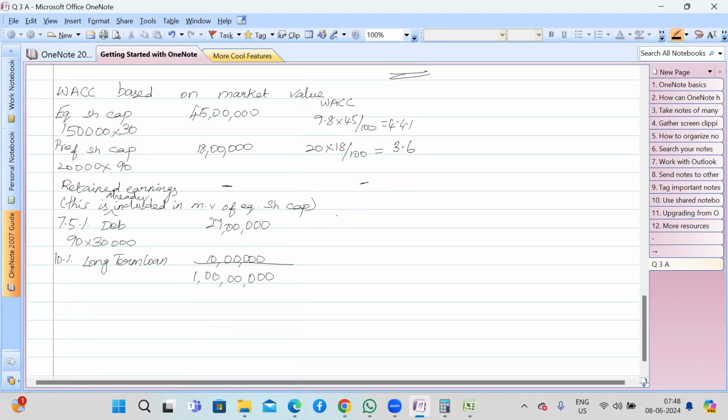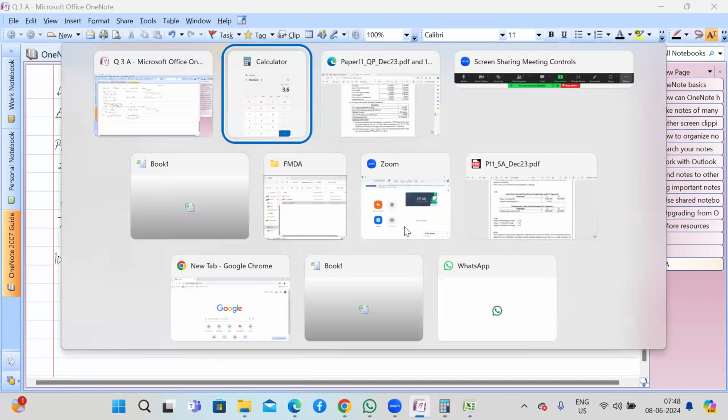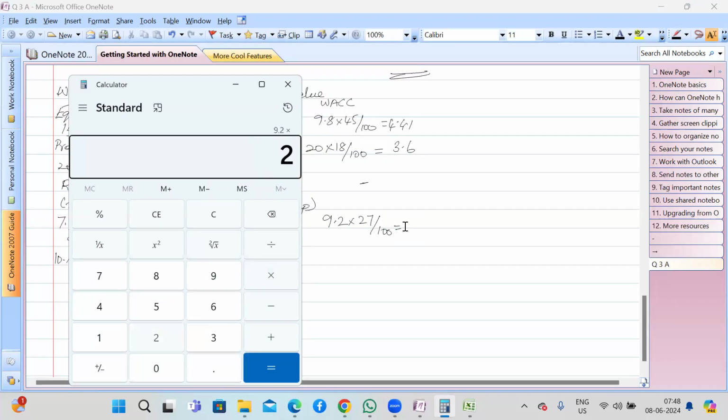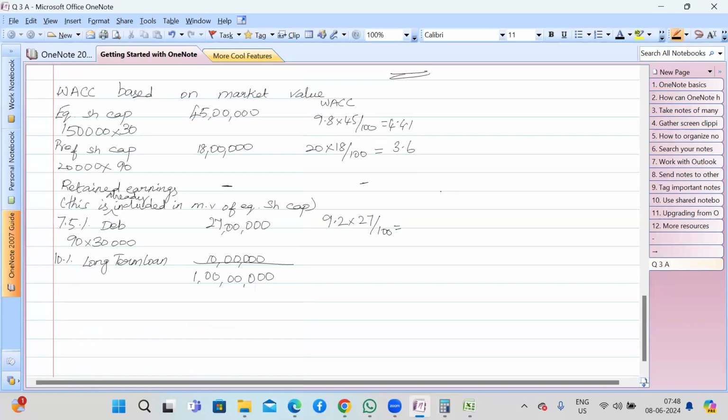Here it is 0. Again, KD we have calculated as 9.2, so 9.2 into 27 divided by 100 is 2.484.